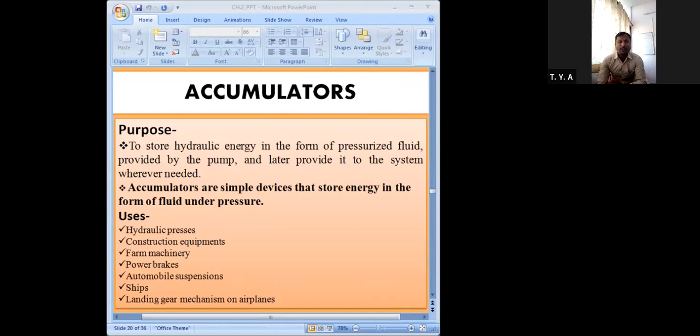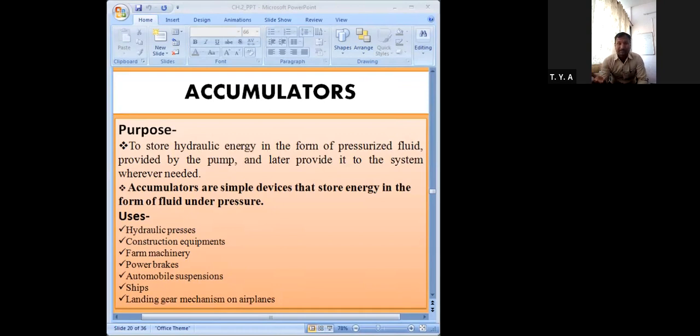Now, where is this accumulator used? Here I will give some examples. Hydraulic presses require an accumulator. Then construction equipment, farm machinery and power brakes. Then in the automobile industry, automobile suspensions also need the accumulator.